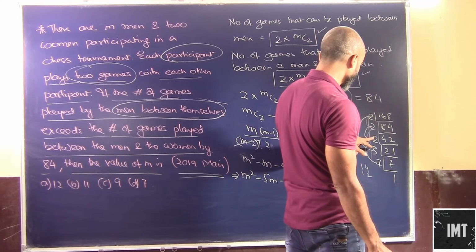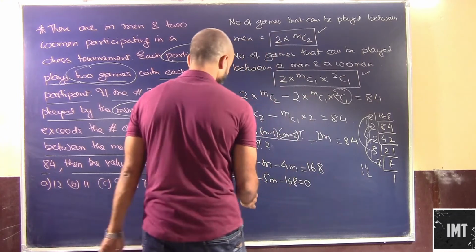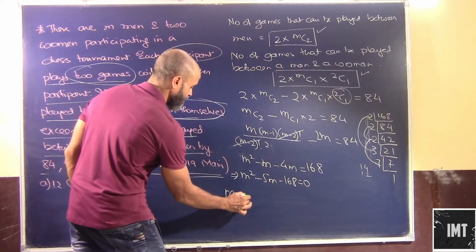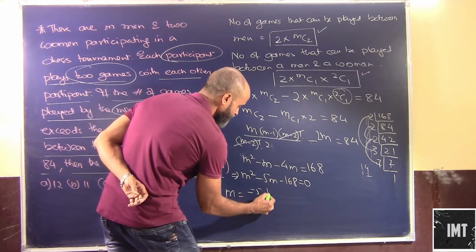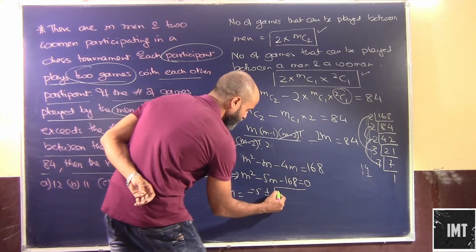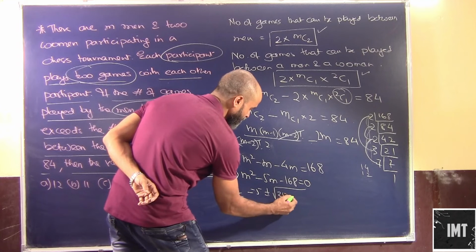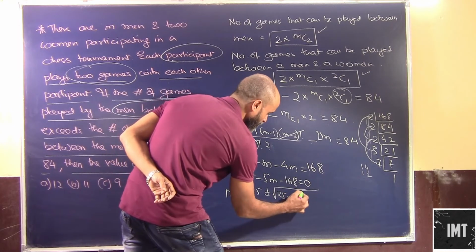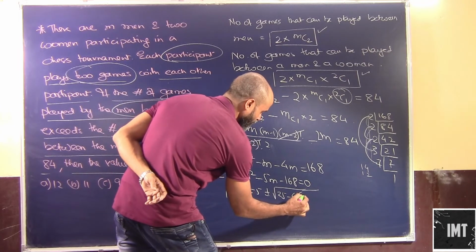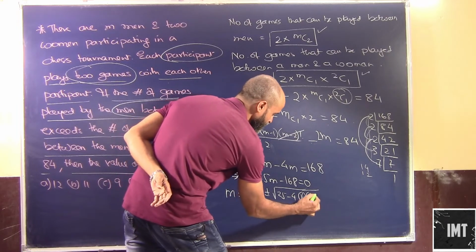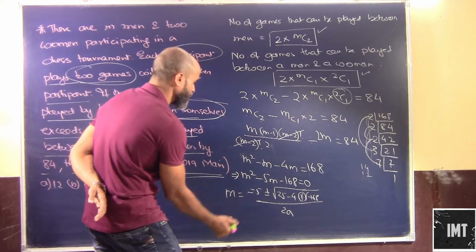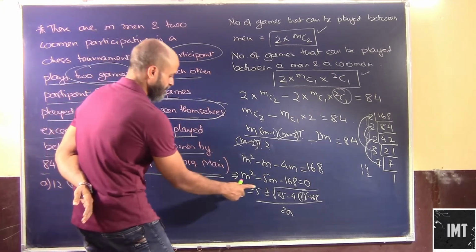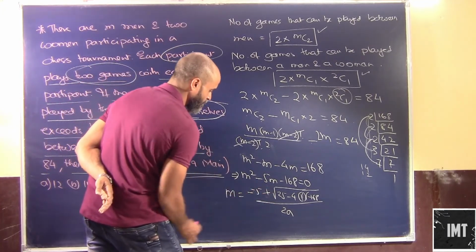Or we can write this as m is equal to minus b, that is minus 5, plus minus square root of b square, that is 25, minus 4 into a, that is 1, into c, that is 168, upon 2a. We basically ignore the negative value and just put the positive value here.